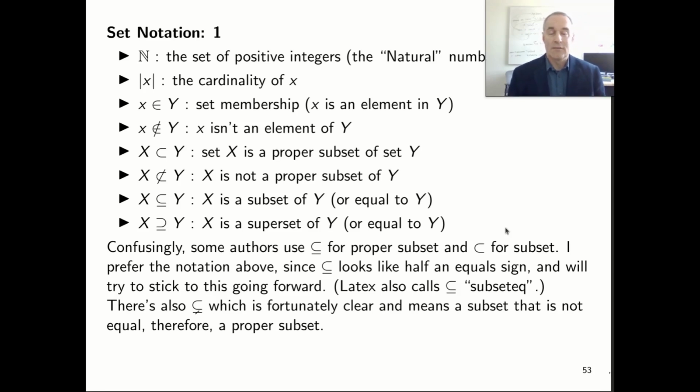And then we can reverse the direction of this symbol, make the C face backwards, to say that X is a superset of Y, or in this case a superset or equal to Y. So I'll try to be consistent about this. There are some alternate notations. There's also this C with a line and a line through it underneath it, which means a subset that is not equal. But we're going to use just the C-looking character to mean that. This latter thing is a bit less common in the literature.